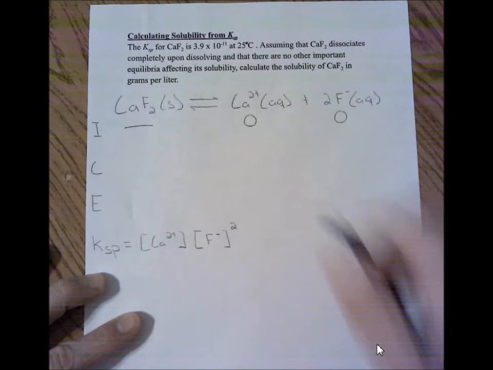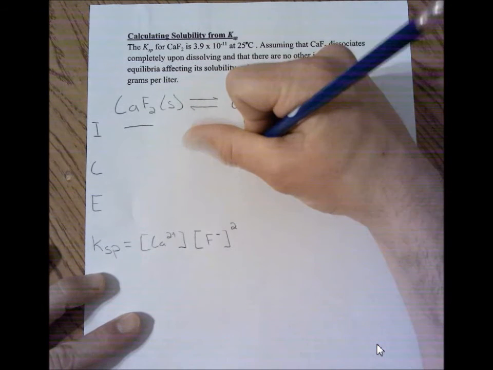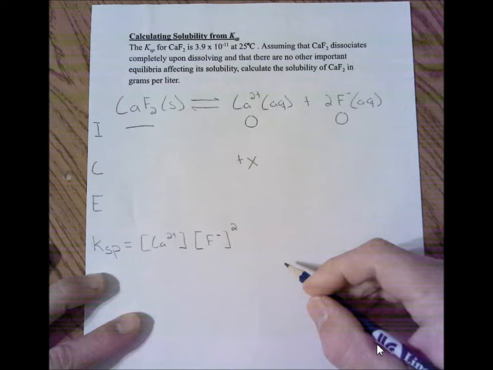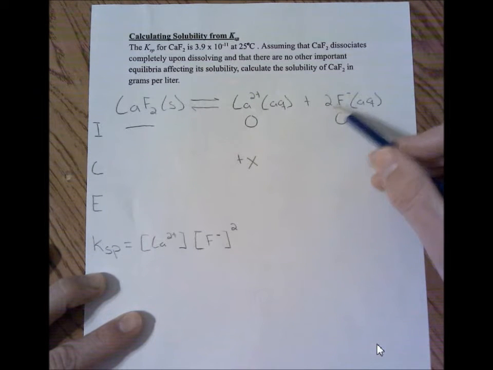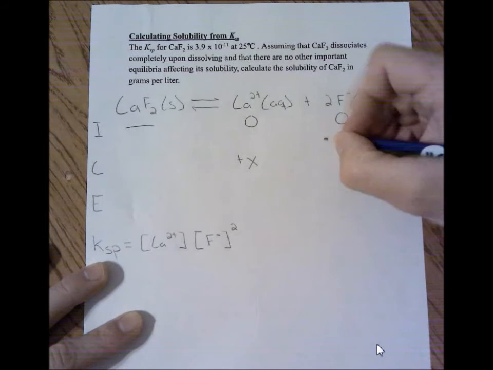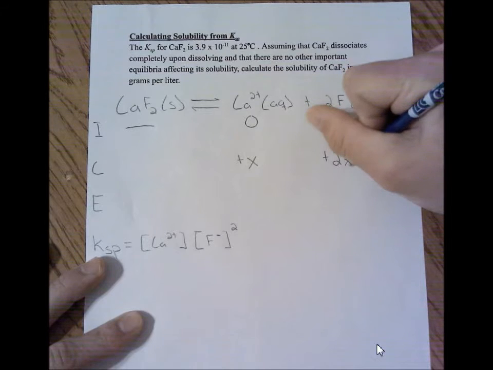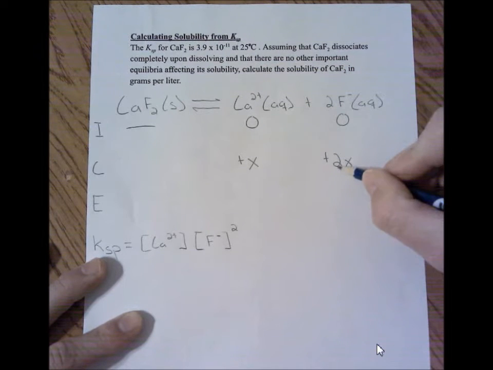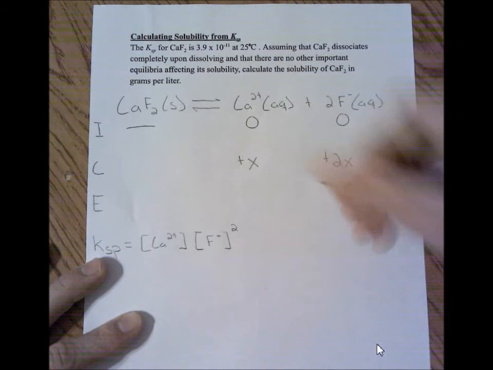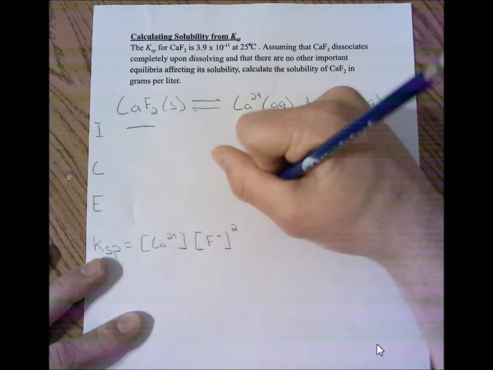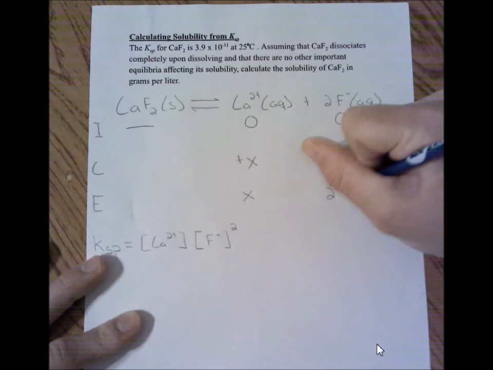We don't know how much, so we're going to say plus X. And it's going to gain some fluoride ions. Again, we don't know how much. We put plus 2X. X represents that we don't know. 2 represents that stoichiometric coefficient. So we end up with this. At equilibrium, we have X for our calcium ions, and we have 2X for our fluoride ions.